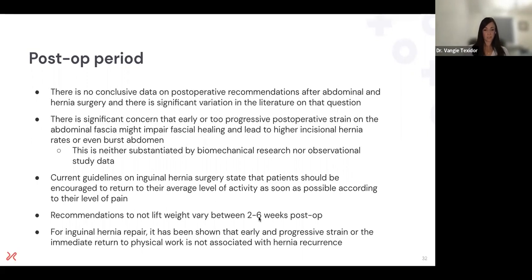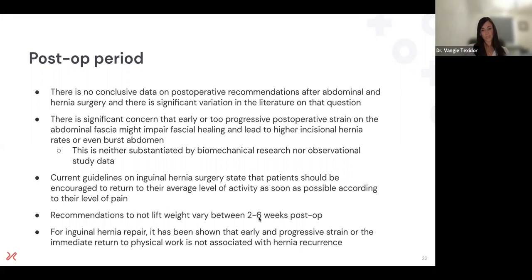After those 6 weeks, I tell them 6 to 8 weeks, that's how long the incision itself takes to heal or to regain the most tensile strength it's going to regain. So I tell them after that time, there's no evidence that not lifting weight at all or anything in particular is going to make a difference.